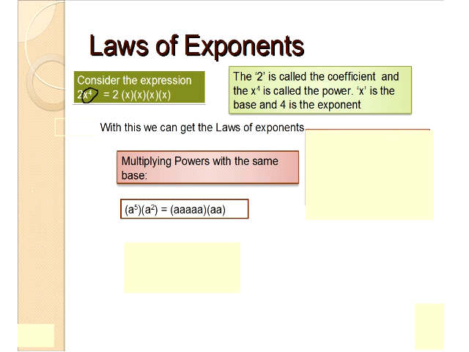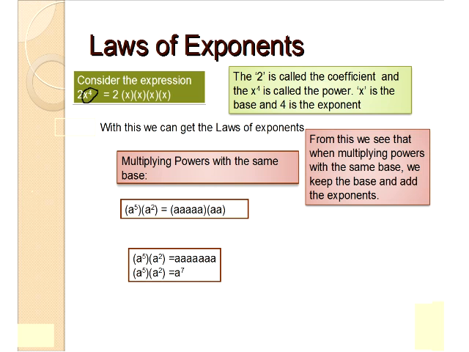But actually what we have here mathematically is a to the 7. And so from this simple idea, we can see that when we are multiplying powers of the same base, and the base here was a, we keep the base and then add the exponents. And I think it's really important that you recognize that we need to have the same base and that we keep the base and add the exponents.